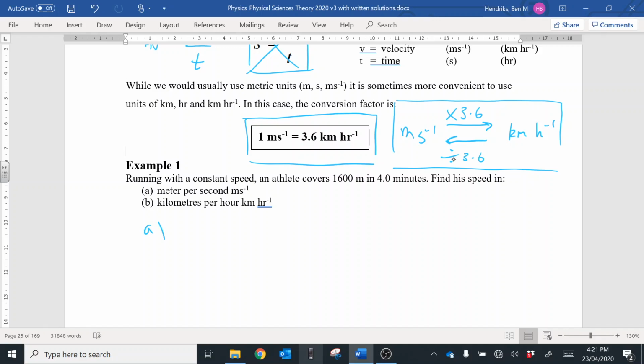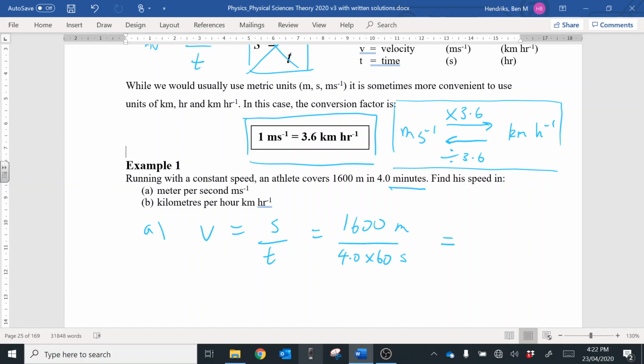So we use our velocity is equal to displacement over time. 1600 meters is our SI unit, and then 4.0 times 60, because there's 60 seconds in 1 minute. That's going to give us our seconds.